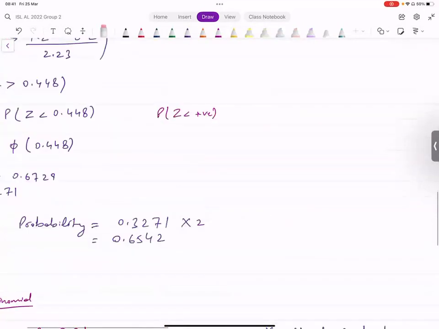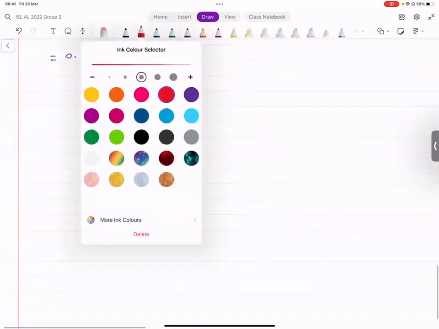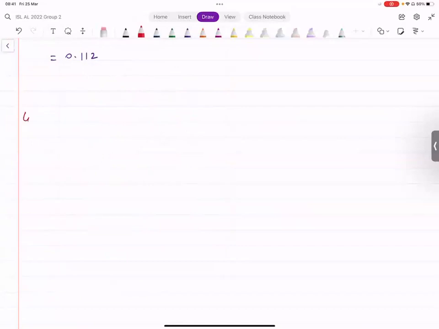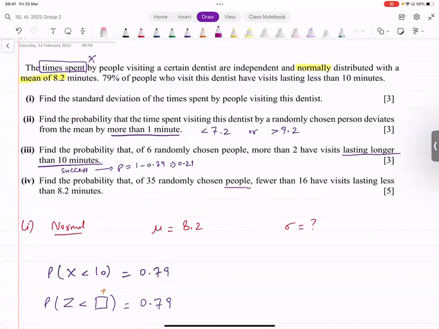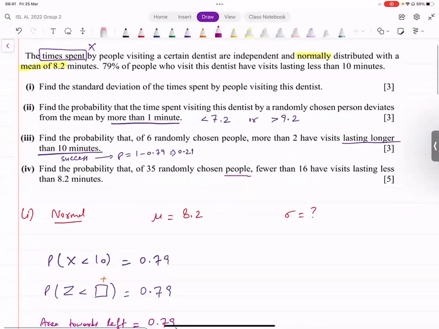Let's write that down here first. Part 4. You've got a binomial distribution जिसमें n की value जो है that is 35. The second thing that we need is the probability of success. Now, what's success here? How are we defining success?